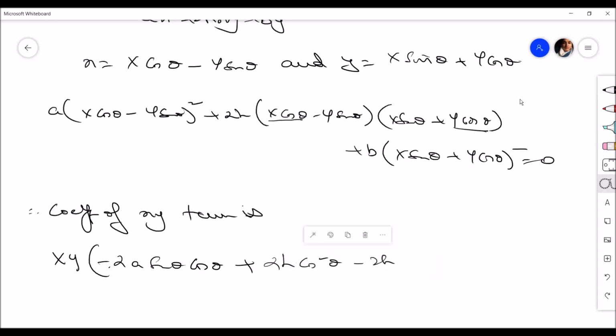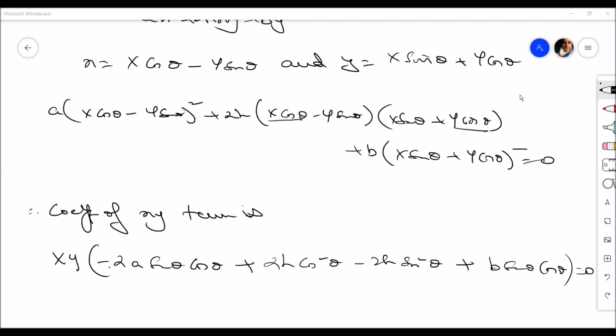Minus again 2h, I'm so sorry, 2h into x cos theta, y cos theta already over, minus y sin theta plus x sin theta is nothing but xy sin square theta. Plus here I would be getting a b cos theta sin theta again. This is your xy term, which should be removed, which means you should equate that to 0.